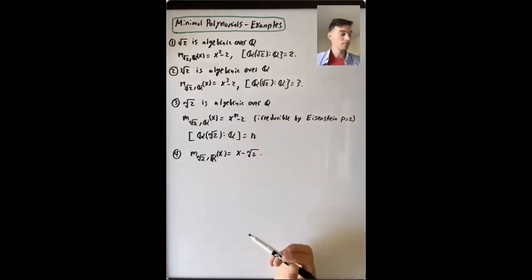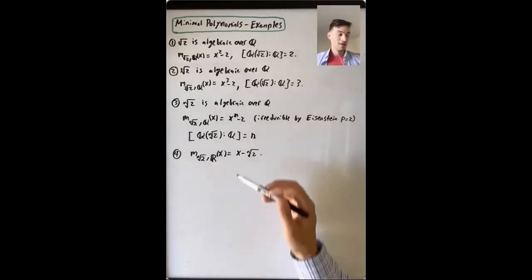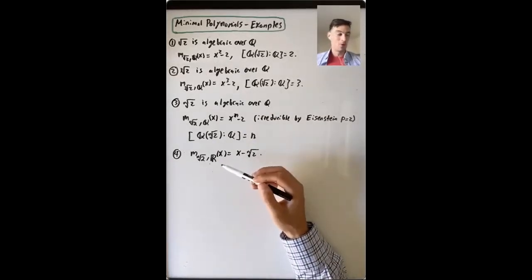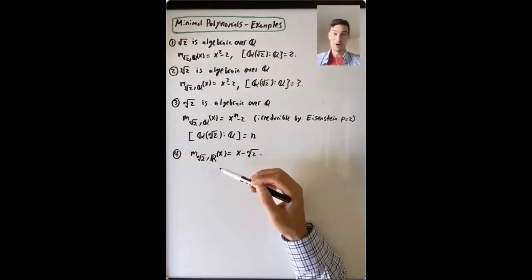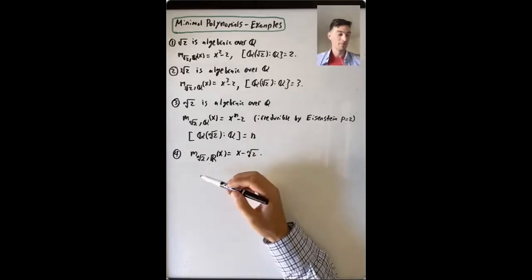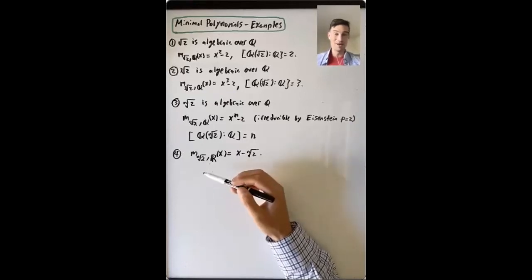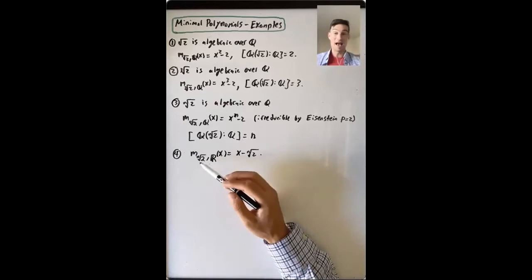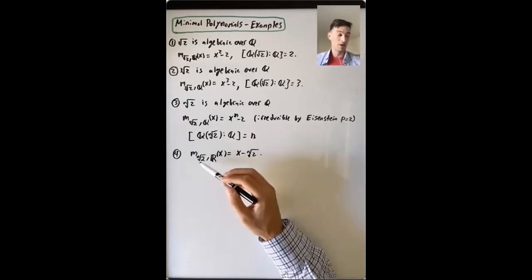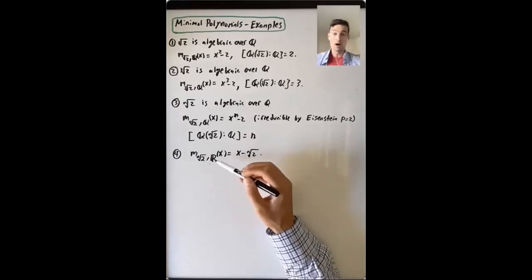Okay, so the last example, I just want to make a point that it really does matter what field you look at the minimal polynomial over. So the nth root of 2 is also algebraic over the real numbers. It's in the real numbers. So what is the minimal polynomial of this algebraic element, nth root of 2, over R?